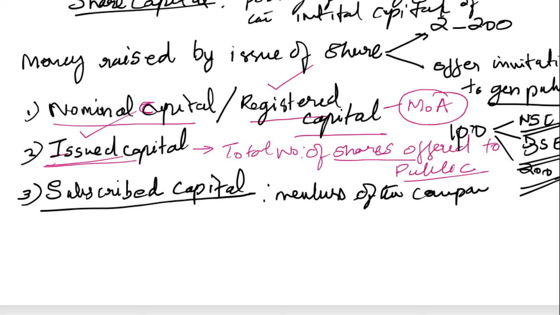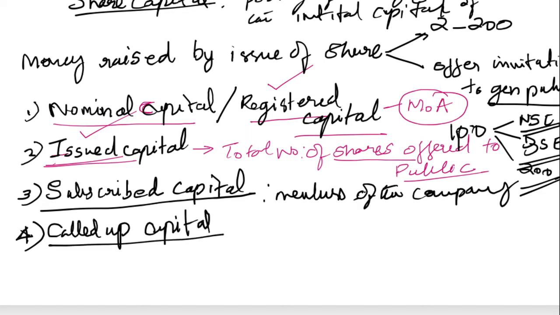So next, the fourth one is called up capital. What do you mean by called up capital? It is the aggregate of the amount called up on the shares actually subscribed.